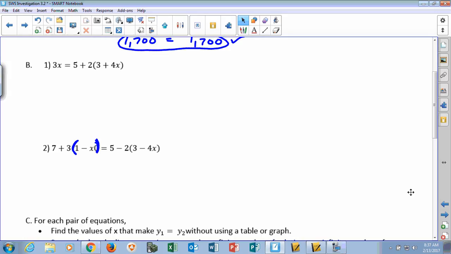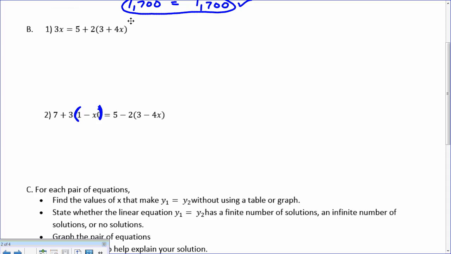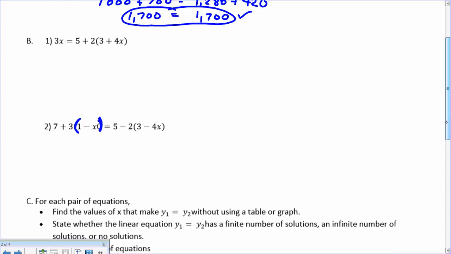So, let's see how you did. Well, number 1, if you got negative 2.2, how many people got that? That was correct. So you're going to start by distributing, right? So I got 3x equals 5 plus 6 plus 8x.